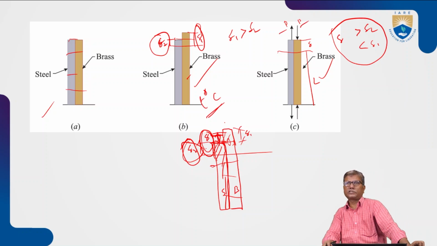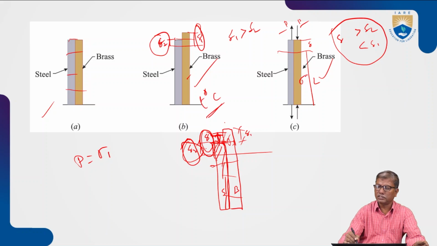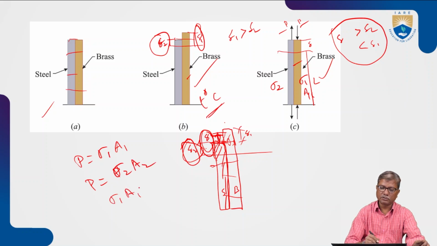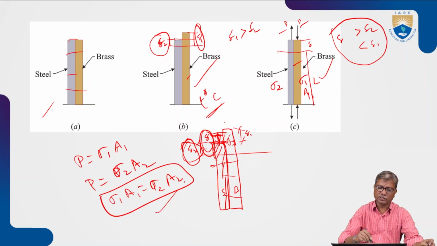So what is force P now? If sigma 1 is the stress in the brass bar and sigma 2 is the stress in the steel bar, then P is given as sigma 1 A1, where A1 is the cross sectional area of the brass bar. Similarly, P is given as sigma 2 A2. So sigma 1 A1 will be equal to sigma 2 A2. This is the condition. To solve for these stresses, sigma 1 and sigma 2, we will make use of these conditions.